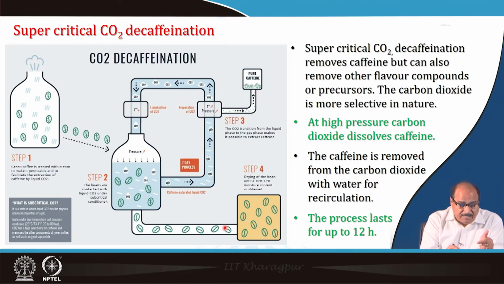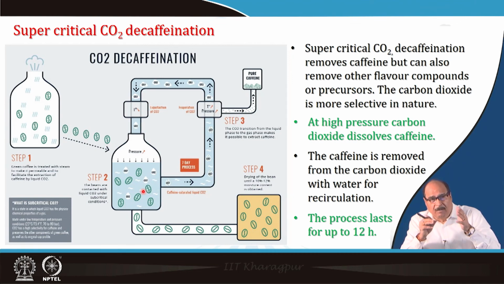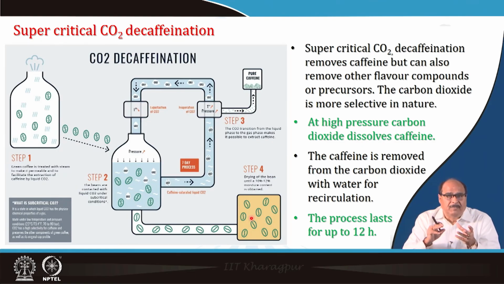Then in the second step, the beans are contacted with carbon dioxide under supercritical conditions at a particular pressure and temperature, where the caffeine is solubilized in the supercritical carbon dioxide, and you get decaffeinated coffee from the extraction chamber. The caffeine-laden carbon dioxide is then depressurized and the caffeine is removed.